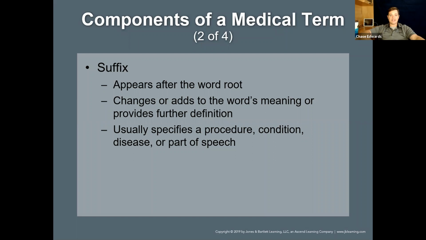Example, ASE indicates enzyme, okay? And then lip, or lipo, means fat. So lipase is an enzyme that digests fat. ASE being the enzyme, suffix, the end, right? Lip being fat, so fat enzyme.